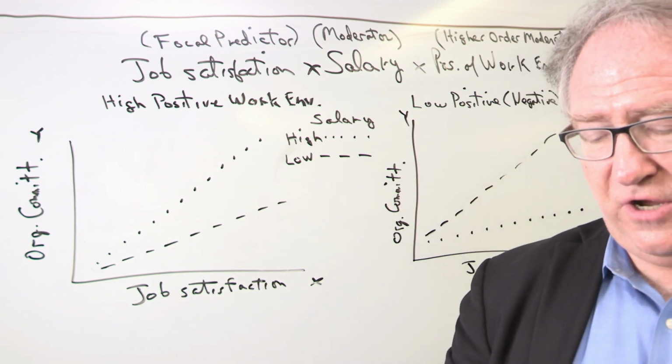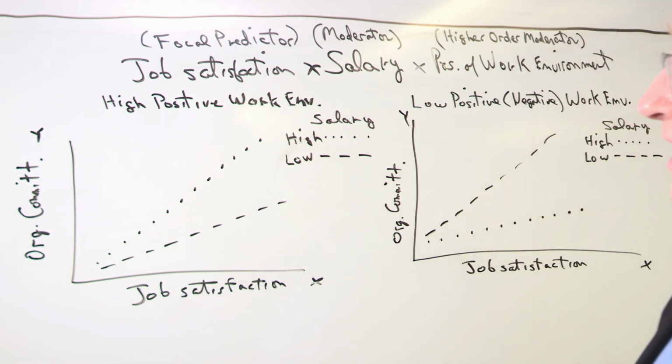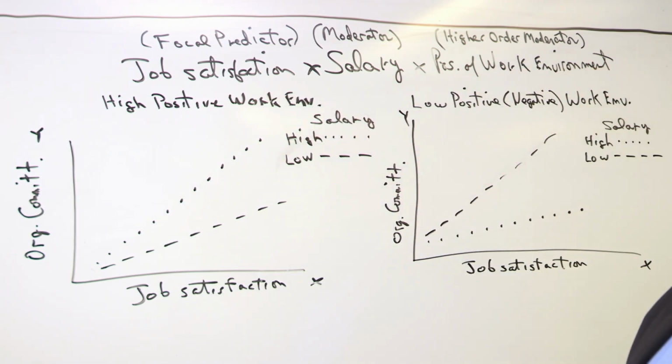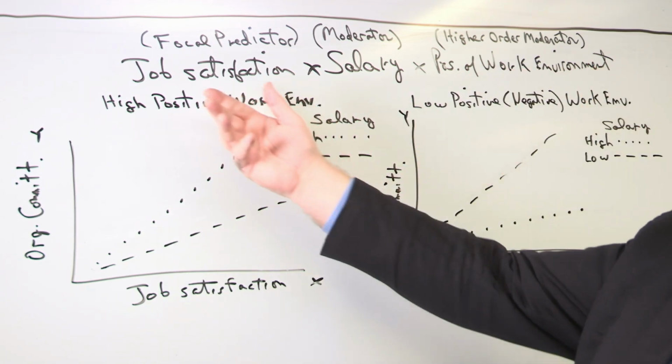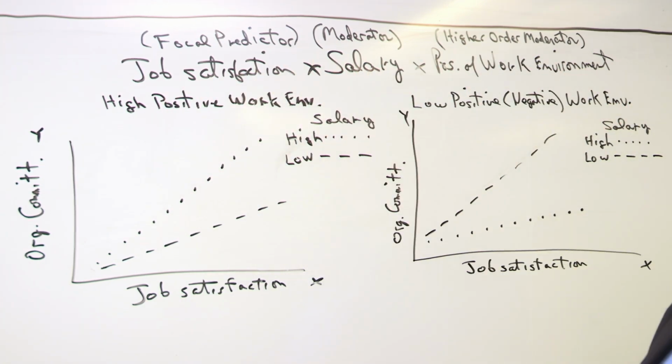All right, so now you know about three-way interactions right here. And you know how to interpret them. You look for that part of the three-way interaction that represents the two-way interaction.